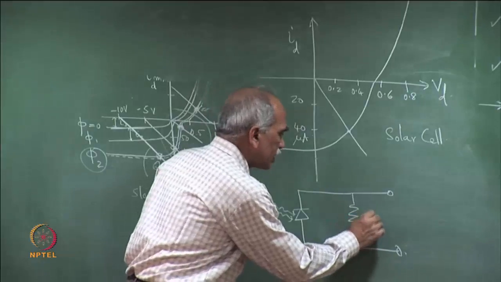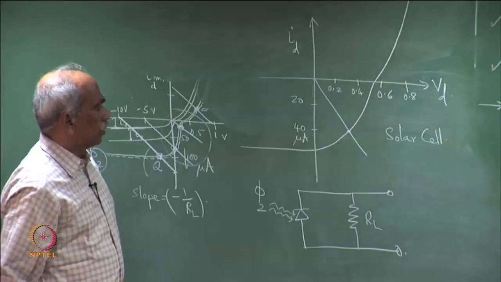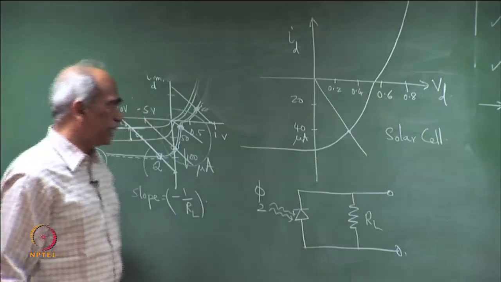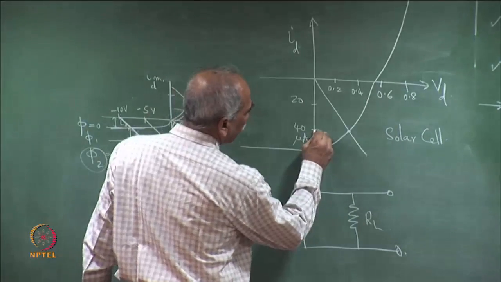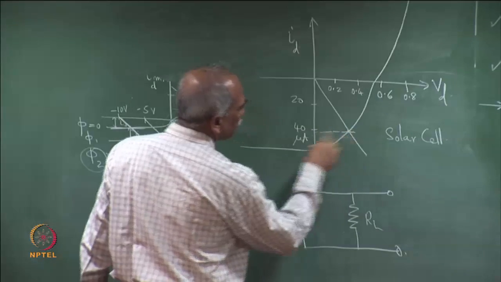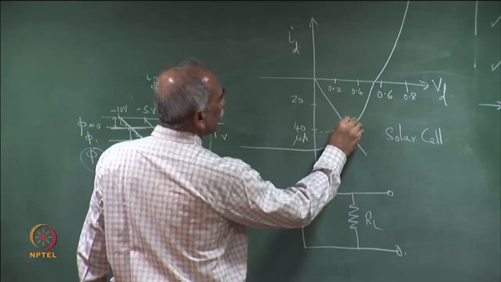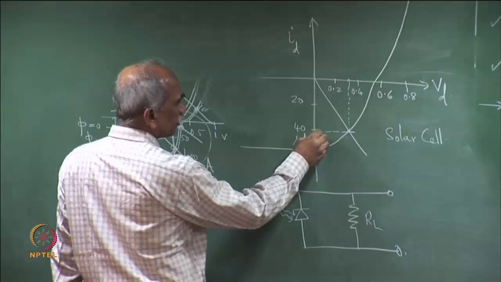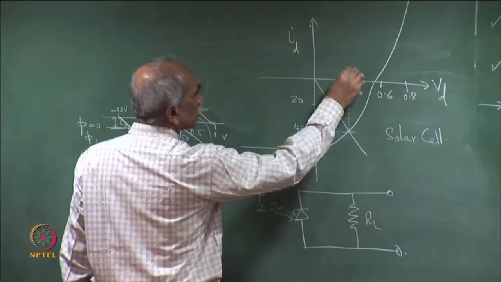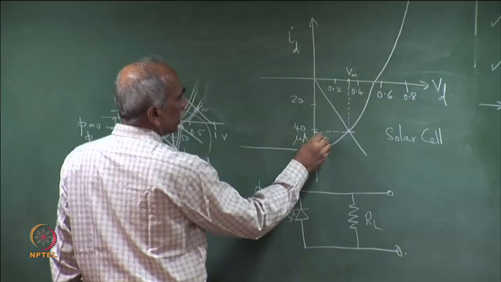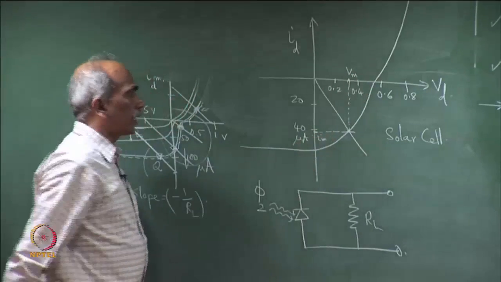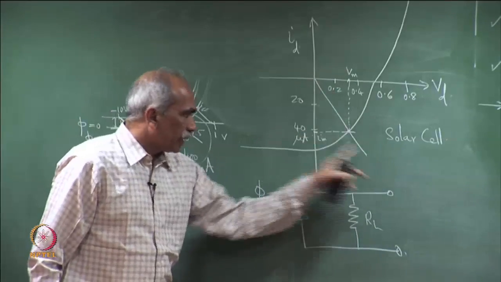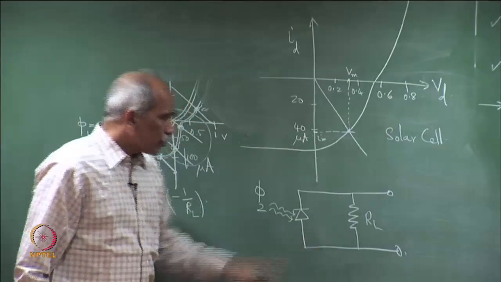Depending on the load resistance RL here, if an incident photon flux phi 2 is incident on the photodetector, then it will generate a current which corresponds to this and a voltage across the resistance here. So, this is the current and this is the voltage. Let us say Vm and Im, the photocurrent and the voltage. Obviously, the slope is 1 by RL depending on the choice of RL.